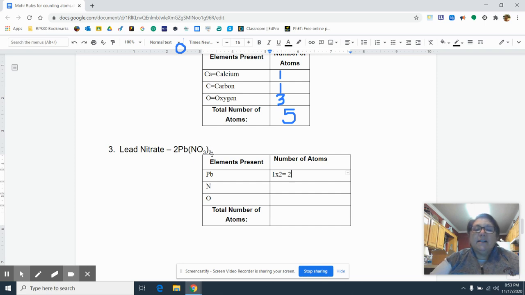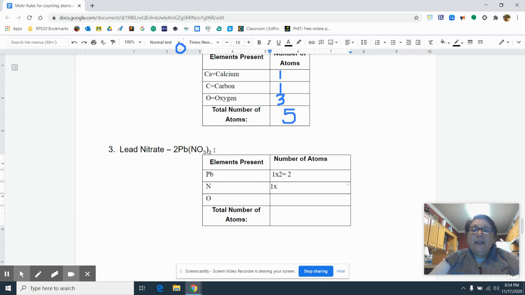All right, here we go. We've got the brackets. How many nitrogen do we start off with? Remember, no subscript means there's only 1. If the letter stands alone, you count that letter as 1. So you've got 1. But I've got this subscript outside.